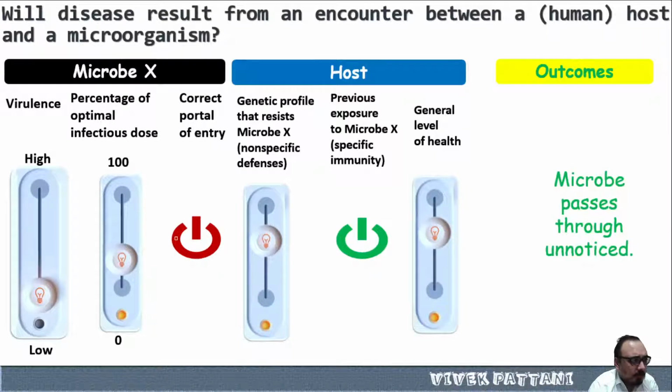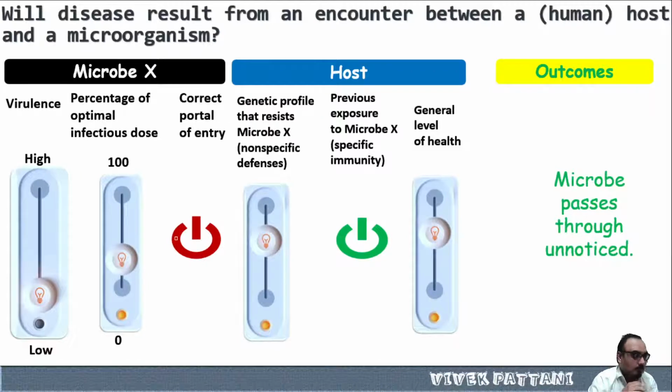There are a variety of conditions. I have included only some of the parameters, only 6 parameters: 3 from the microbe, which is the pathogen here, and 3 from the host, in this case a human being. Each and every point should be correct in order to cause or develop infection.